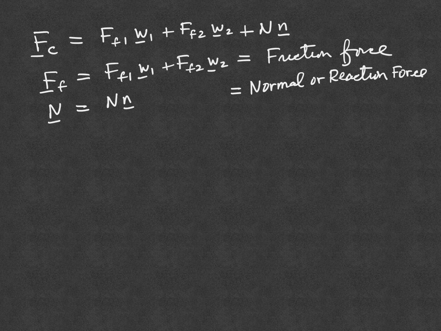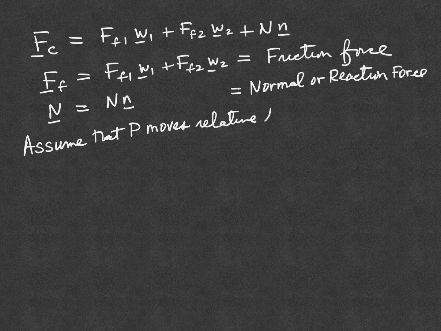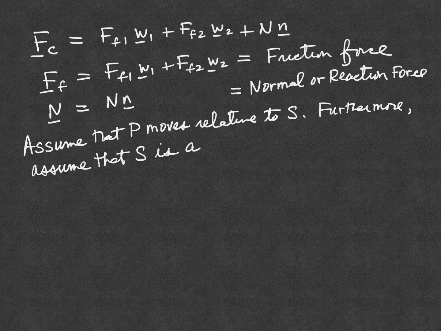Now, because we're dealing with motion, we're going to make the following assumption. We're going to assume that P moves relative to the surface S. And furthermore, and this is also important, assume that S is a reference frame.